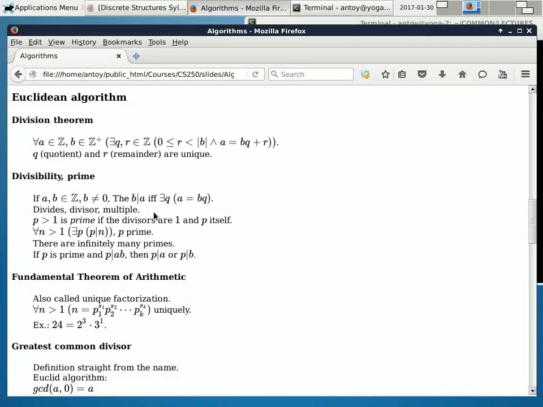So you can take P equals 6, A equals 2 and B equals 3. Now 6 divides 6, but 6 doesn't divide 2, nor does it divide 3.